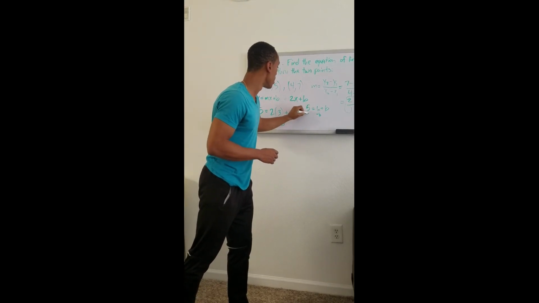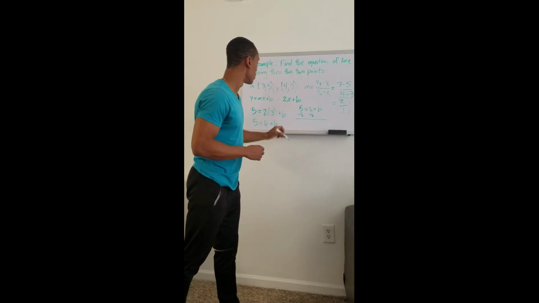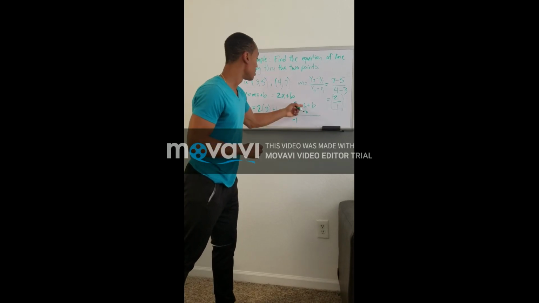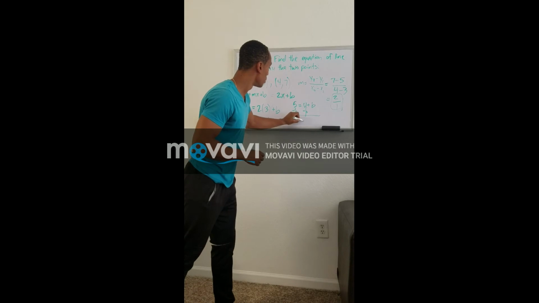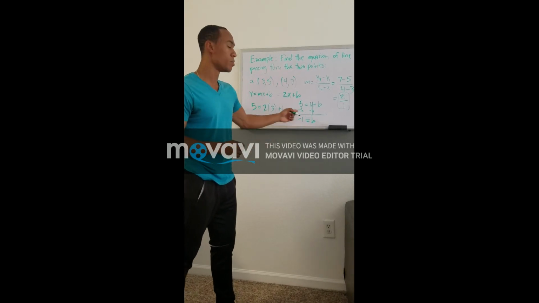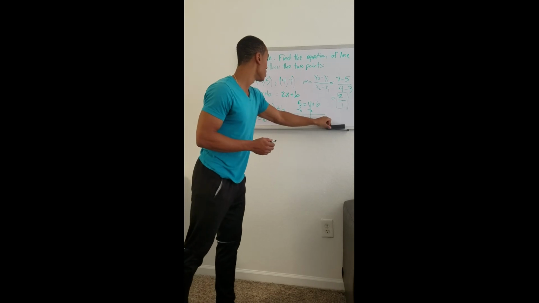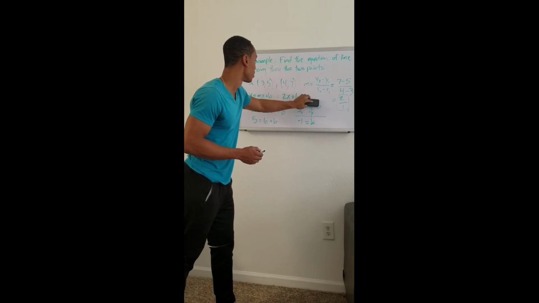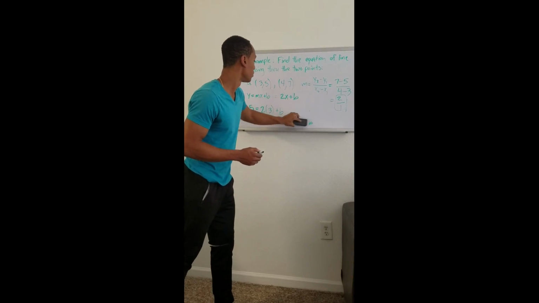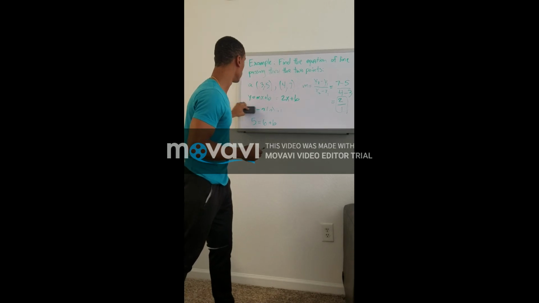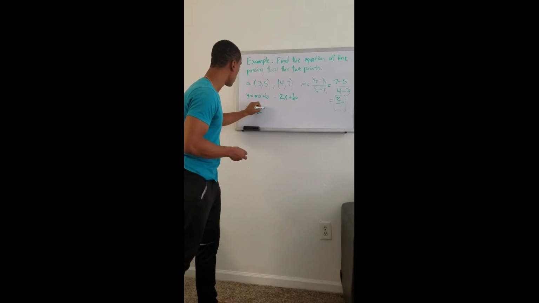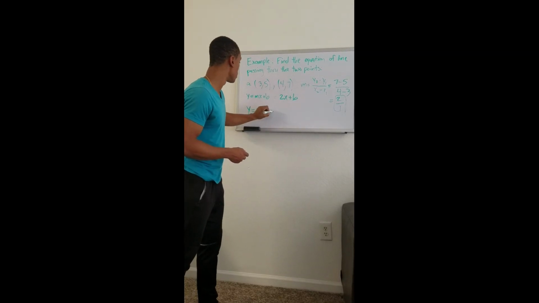Minus 6, minus 6. 5 minus 6 is negative 1. 6 minus 6 is 0. So we get that b equals negative 1. So the equation of the line would be y equals 2x minus 1.